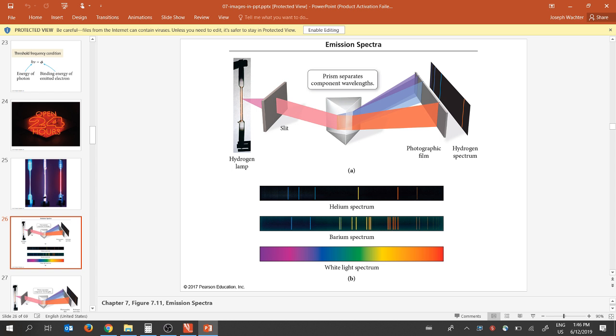But this is what you find that's a little bit weird, or was a little bit weird. The individual elements, when you look at their spectrum, have spectral lines. So rather than just a bunch of light coming off throughout the spectrum, they have specific lines that they give up.